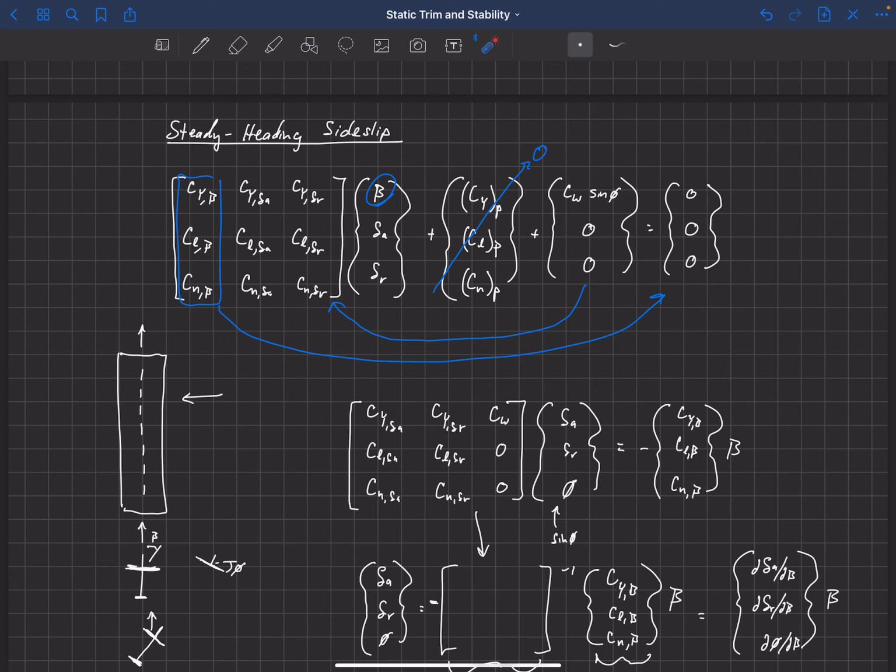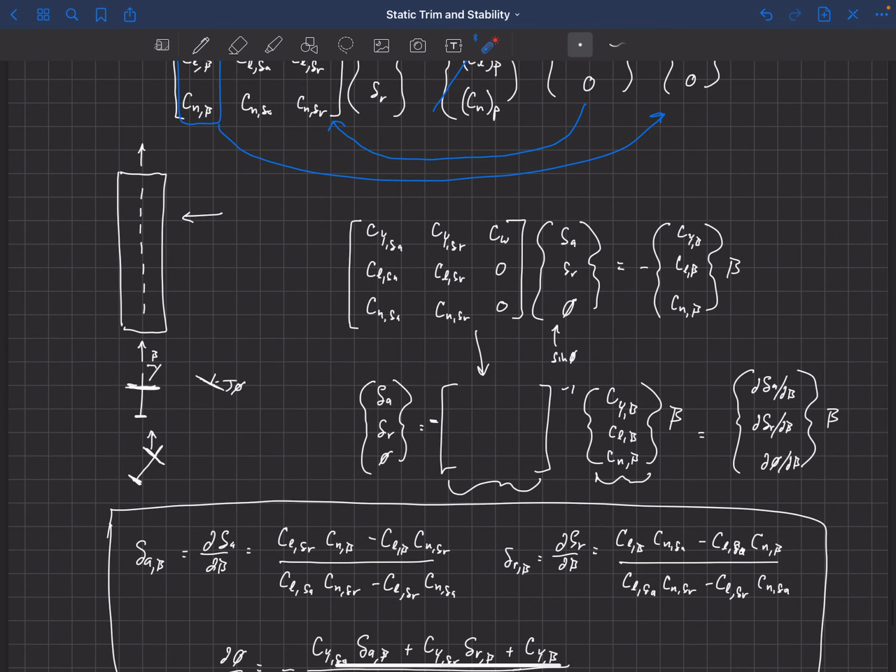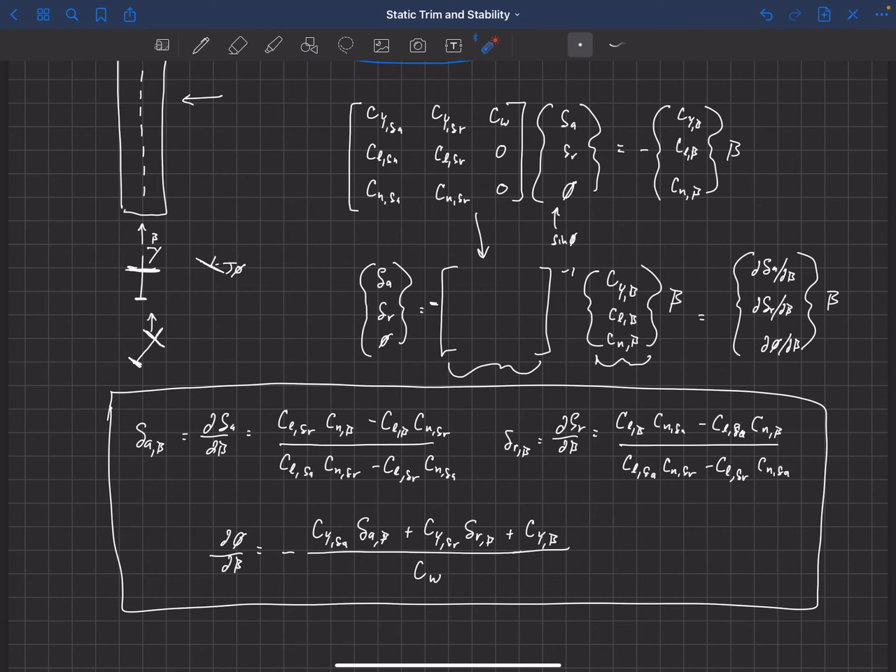So if we're talking about changes in aileron deflection and changes in rudder deflection, or changes in side slip angle relative to some trim state, you can still use the same type of process and use these side slip gradients.